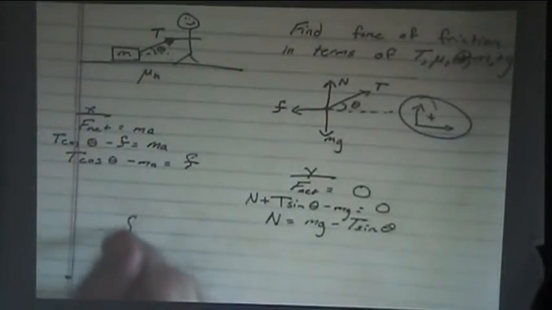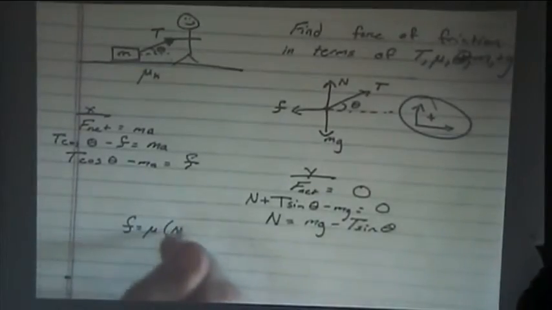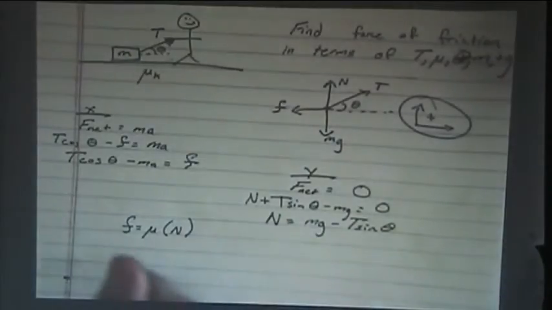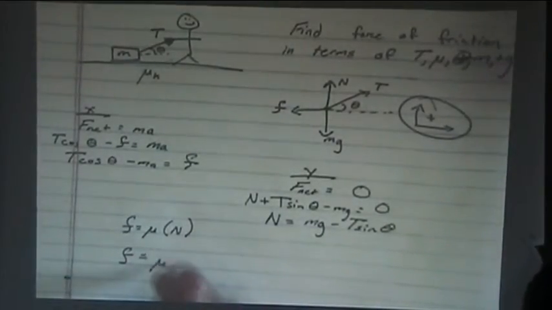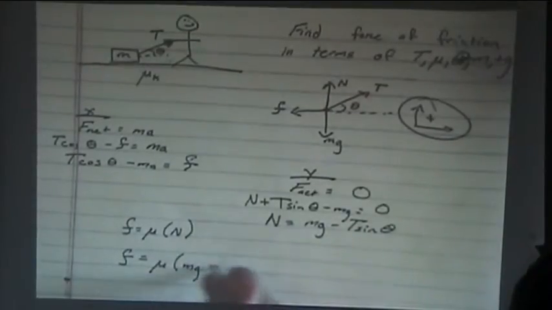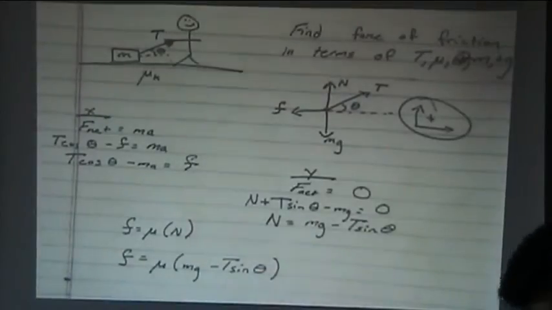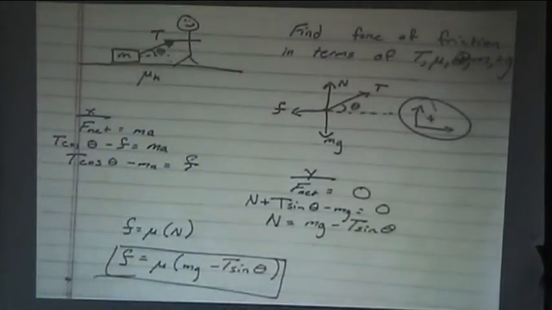And since friction equals mu times the normal force, I can take this expression for normal force and say that friction is mu times mg minus T sine theta. And that is an expression for friction in terms of just the variables that I'm allowed to use.